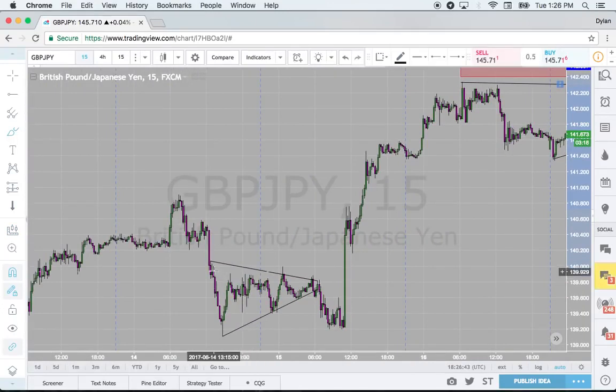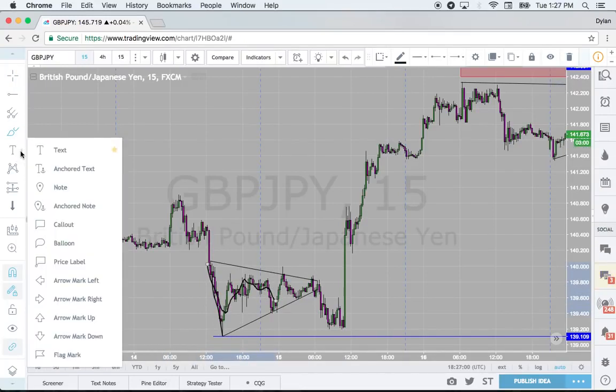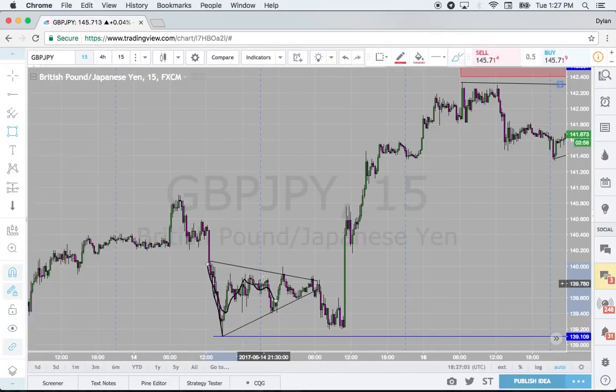So here's another setup. Same scenario, you guys. The low of the day has been set right here. And then that wedge formation forms. Notice once again, the wedge is in basically Asian session.